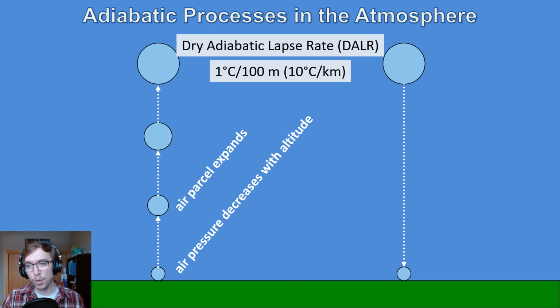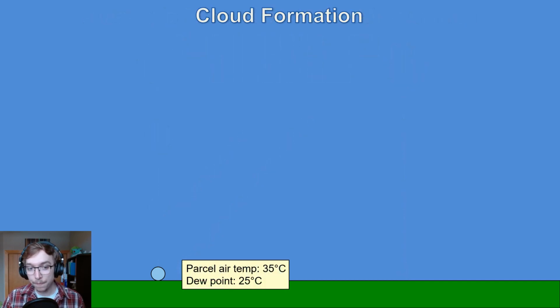So, if we were looking at an example, here, for example, we have our cloud formation occurring at a certain point. We'll see where that is. But we have an air parcel where our temperature within the air parcel is 35 degrees Celsius. The dew point is 25 degrees Celsius. So if we think about that dry adiabatic lapse rate that we just talked about, that says that for the air temperature to cool to the dew point, you need to decrease 10 degrees.